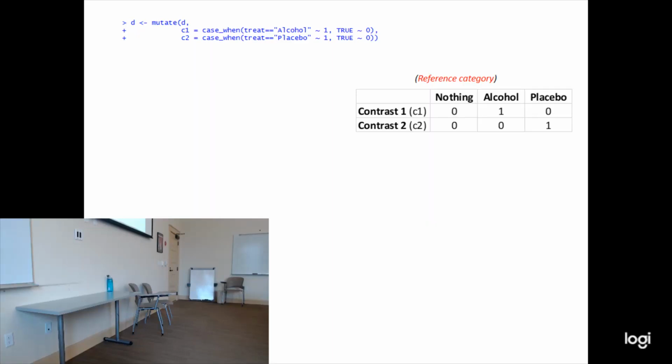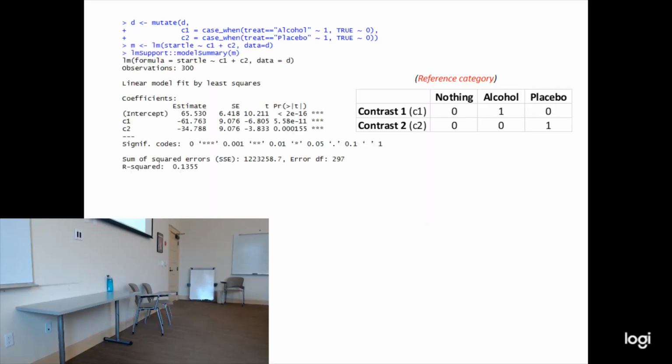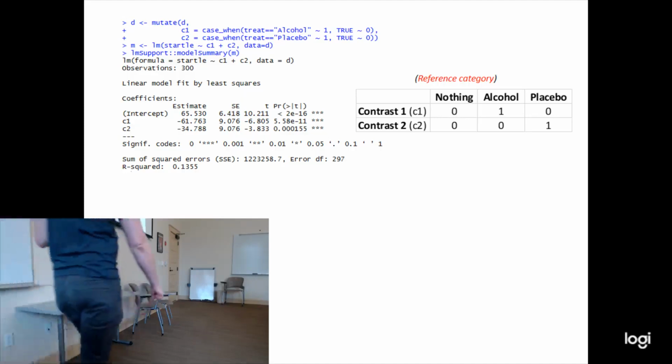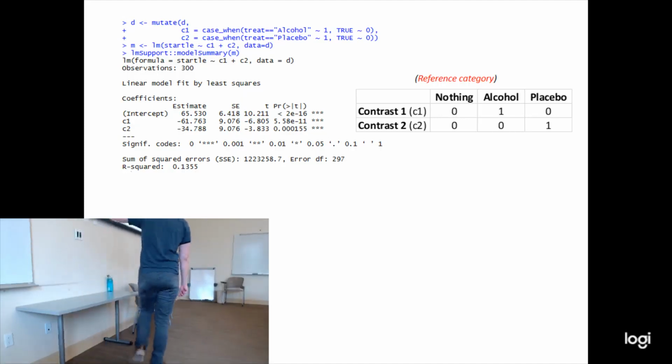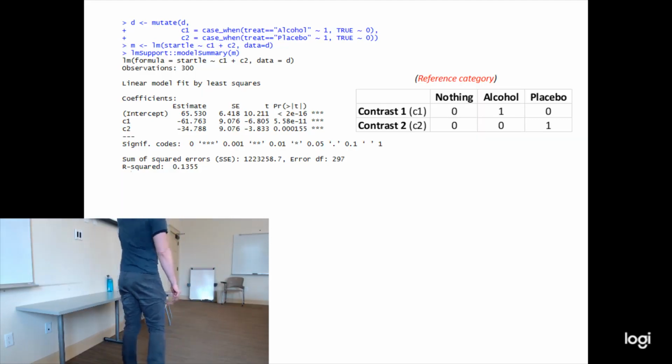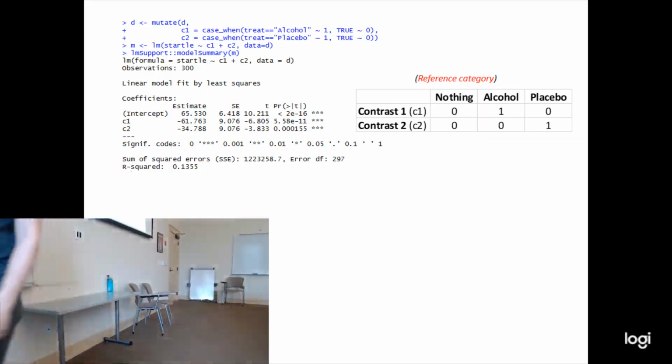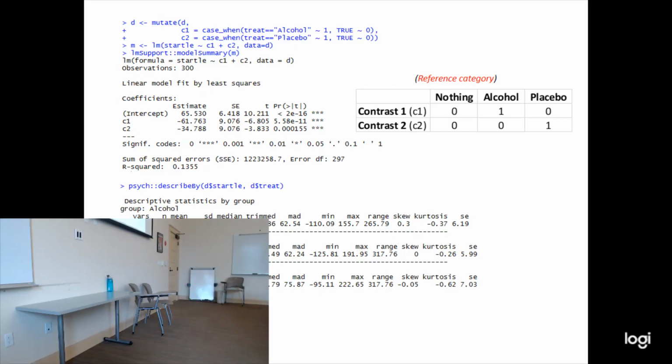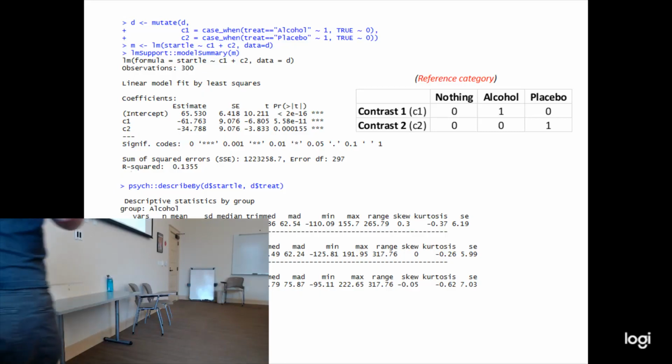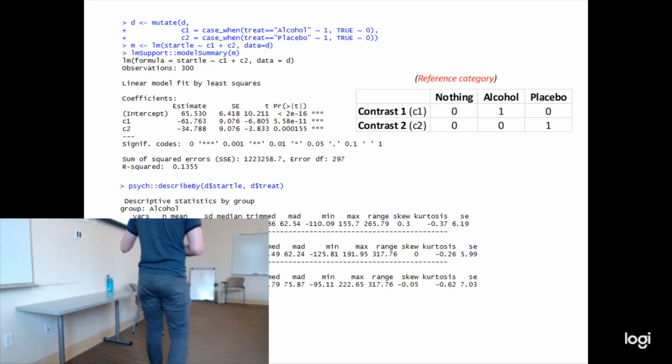Everybody understand what's going on? Okay, so next I just fit the model like we had before, and here are the parameter estimates and standard errors, t, etc. So in order to see what this is actually doing, I'm going to give you a table of descriptive statistics.